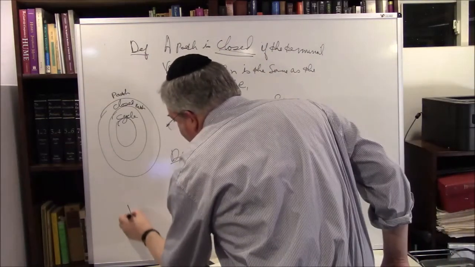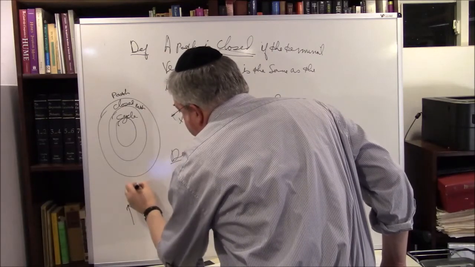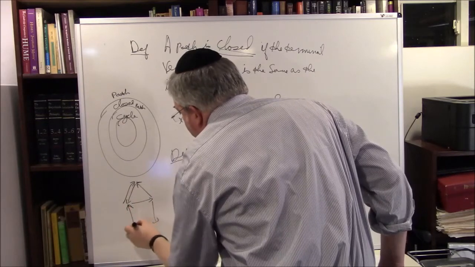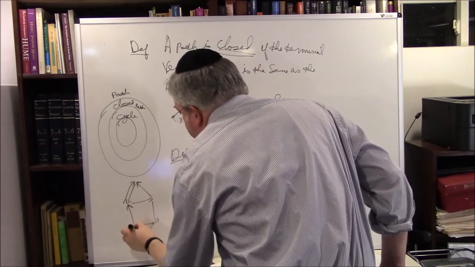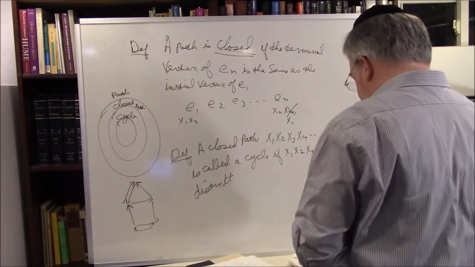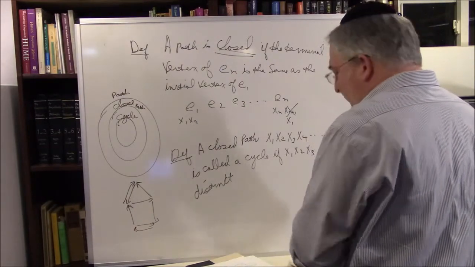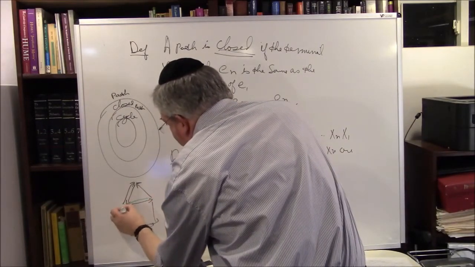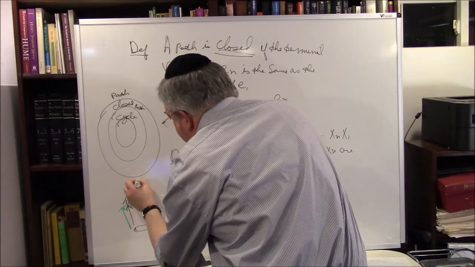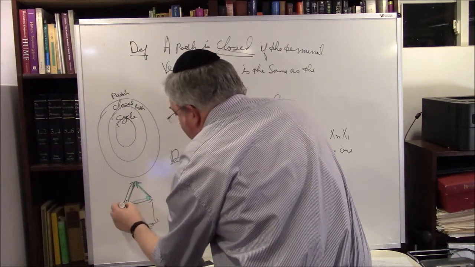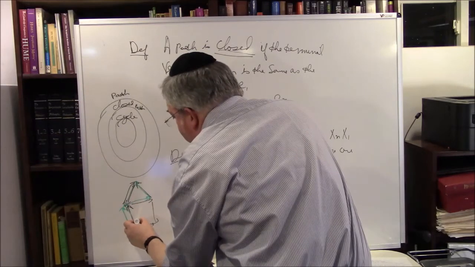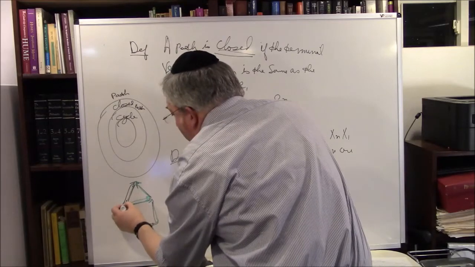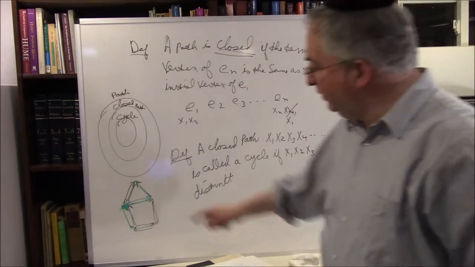So here's a typical example of a graph. I left out the vertices because they're not that important. If I start here and then I go here and then I go here and then I go back, notice they met twice over there.